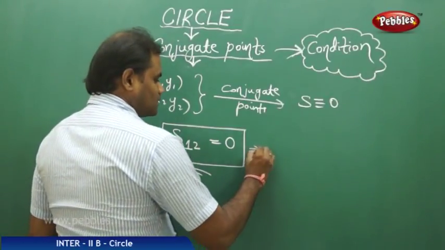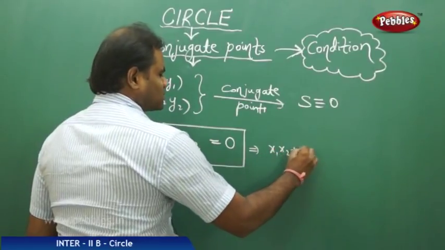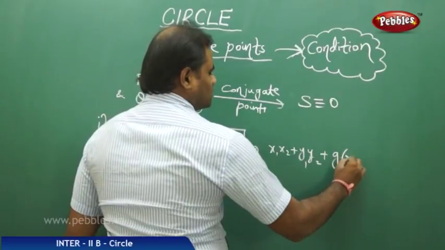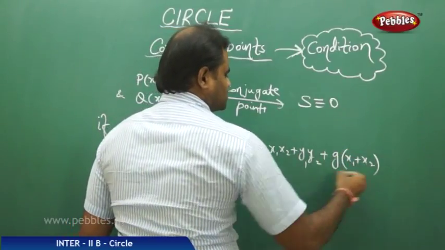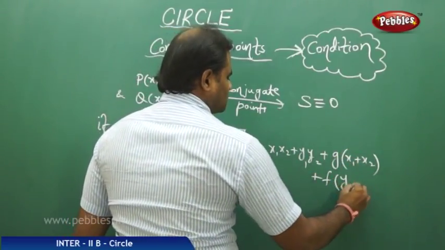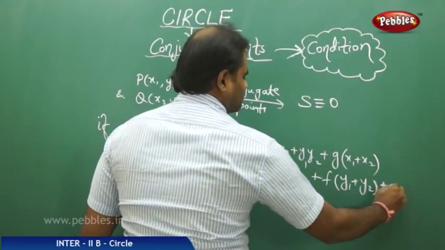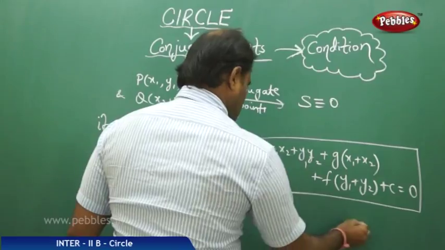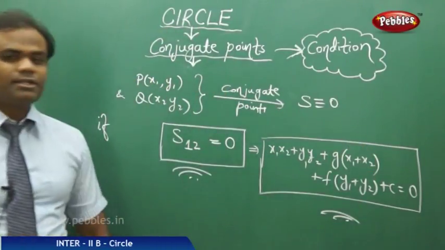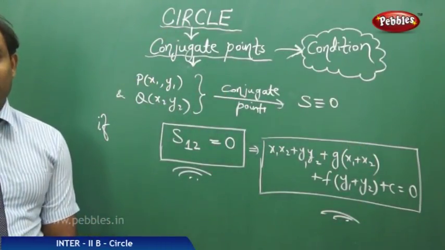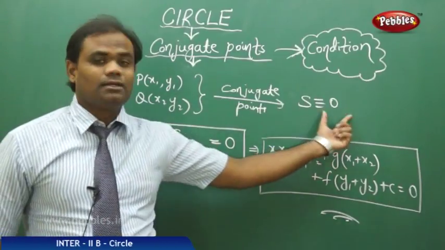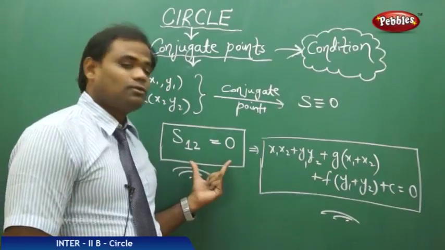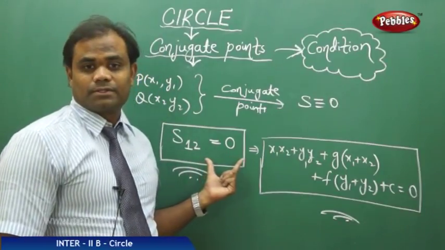That is, if x1x2 + y1y2 + g(x1 + x2) + f(y1 + y2) + c = 0, this is the condition for conjugate points of a general circle S = 0. This is how we understand the condition for conjugate points.